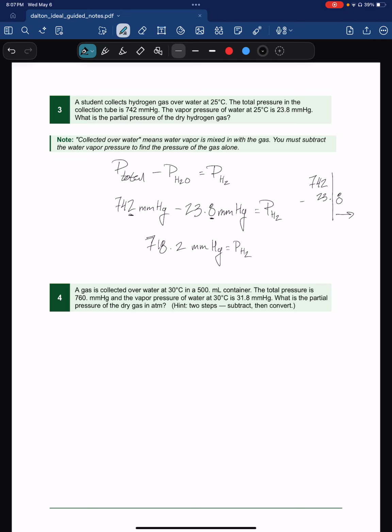Anything that's on this side here, when I do that subtraction, is not significant. So I have to round. Great, so my final answer here should be 718 millimeters of mercury is the pressure of my dry hydrogen gas.